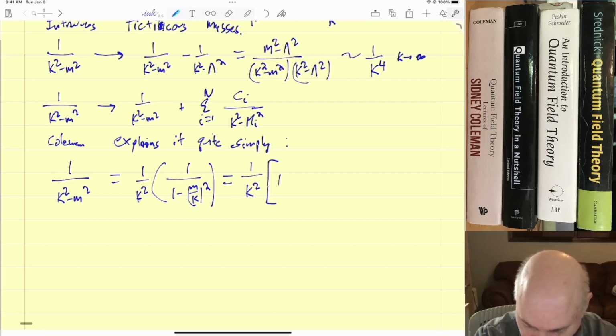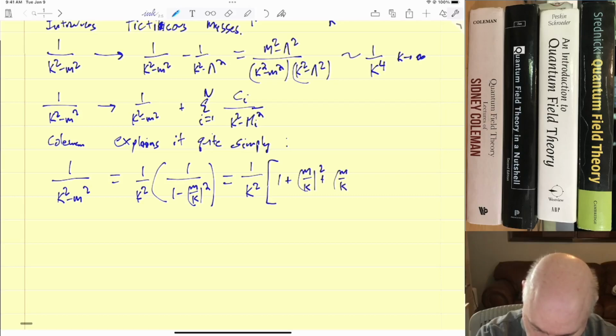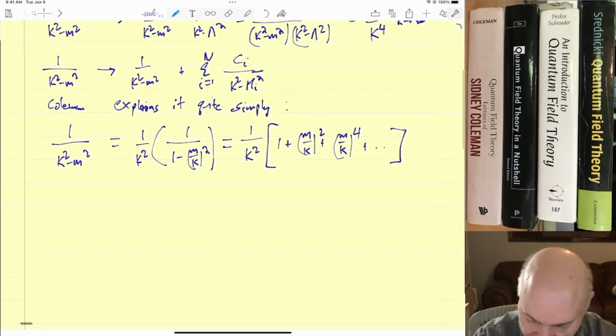Eventually, k will become larger than m, and so it should converge. But we have a geometric series. Now, if we apply this identity over here, we apply it to every one of these terms.